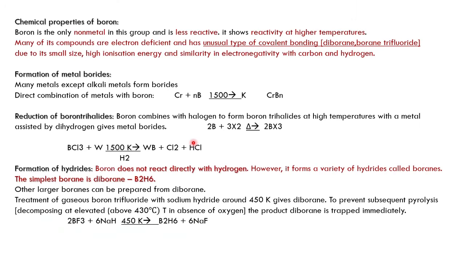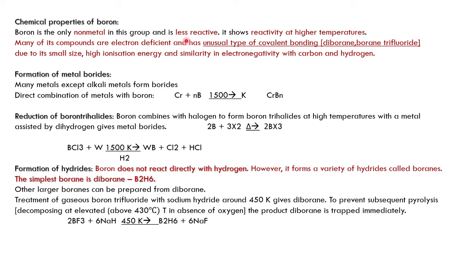Then the chemical properties of boron. Boron is the only non-metal in that group, as we have seen, shown in a separate color. Only boron is a non-metal; the rest are metals in that group.